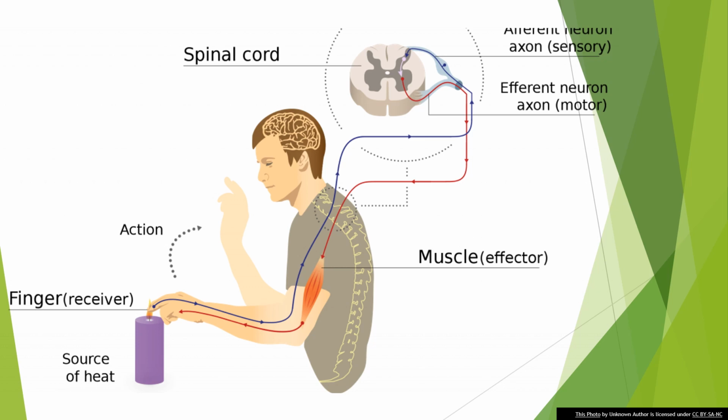This nerve is known as the sensory nerve. So the sensory nerve gives the spinal cord the message that the surface is hot. So the spinal cord gives instructions to the motor nerve, and the motor nerve carries that message to the hand and gives instruction to pull it back.